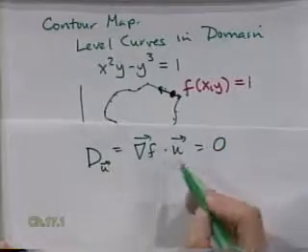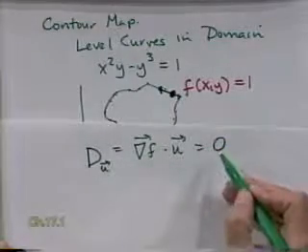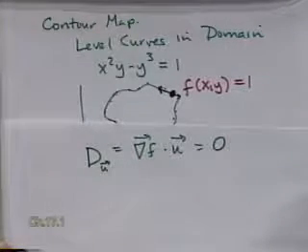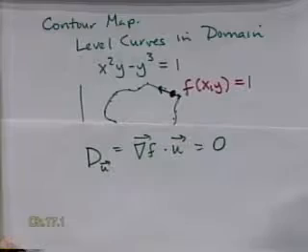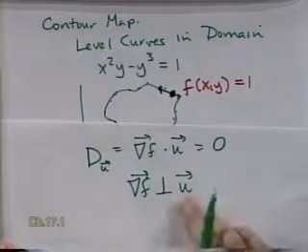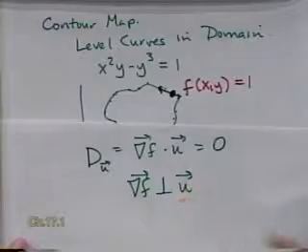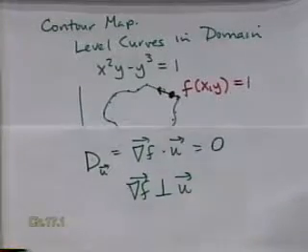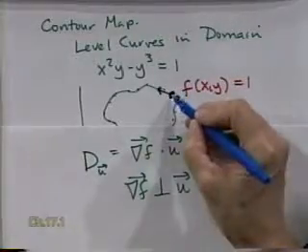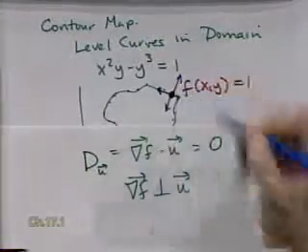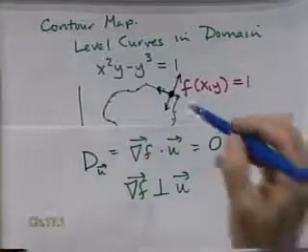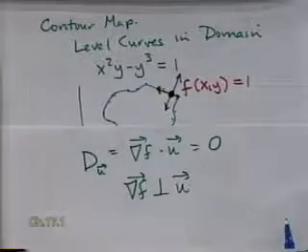If you have two vectors whose dot product is 0, what can you tell me about those two vectors? They're perpendicular. Lovely. The gradient would be perpendicular to that vector that's pointing in the direction of the level curve. So in other words, at this point right here, I can guarantee you the gradient's either going this way or it's going that way. It's perpendicular to the tangent line at the point of the level curve.